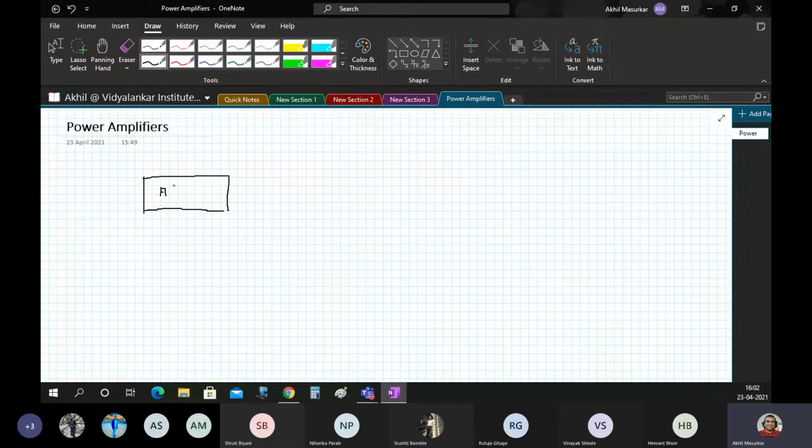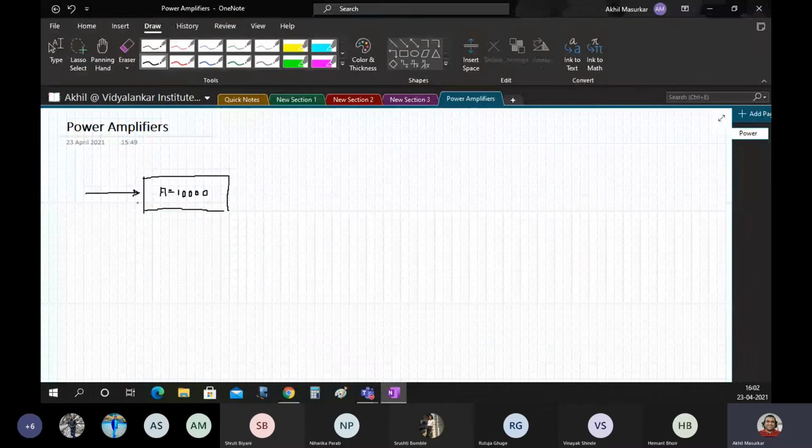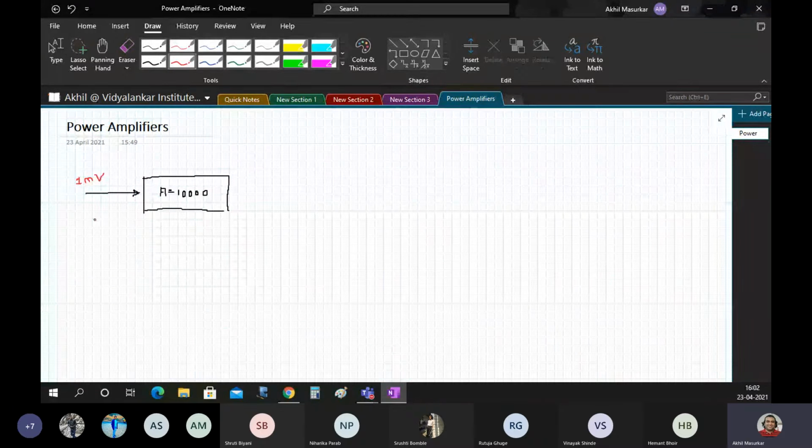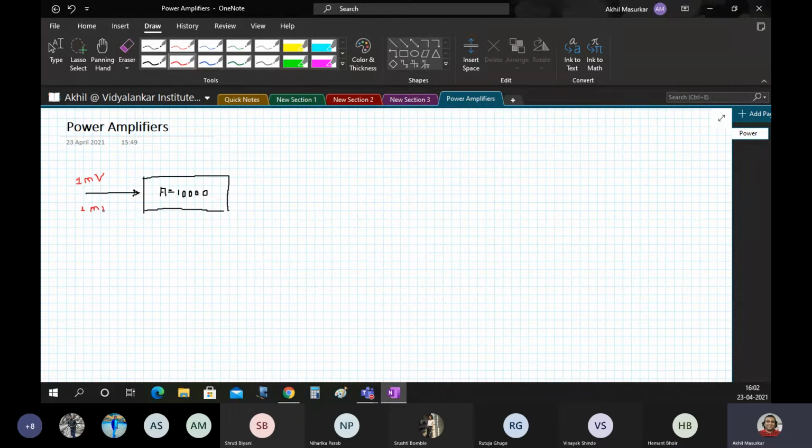Now let us say the gain of this block is 10,000, just for value's sake. The input is 1 millivolt, and the current level is 1 milliamp.